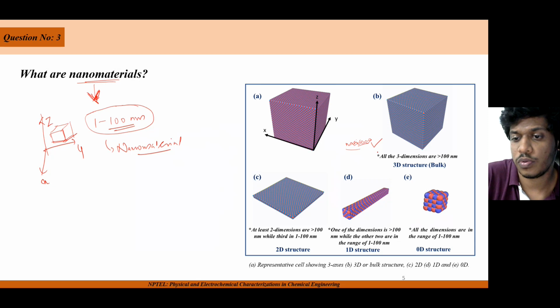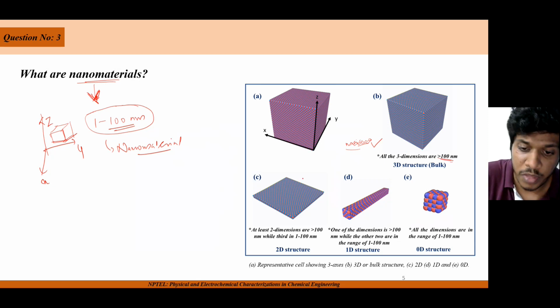So this is not a nanomaterial, as all the 3 dimensions are greater than 100 nanometers. Now, if at least 2 dimensions are greater than 100 nanometers, while the third one, say here Z, is less than 100 nanometers, then this is a 2D structure.